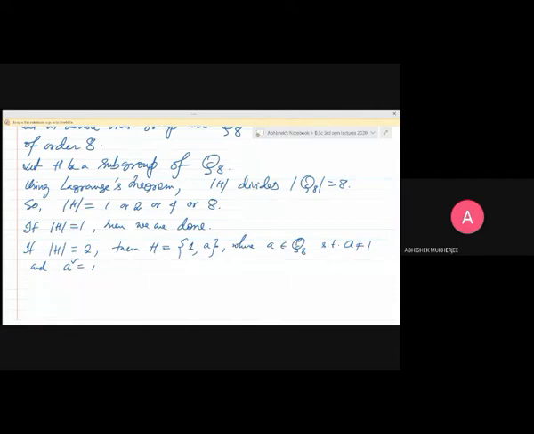Now if you look at the elements of Q8, you will see that the only element in Q8 which has order 2 is -1.